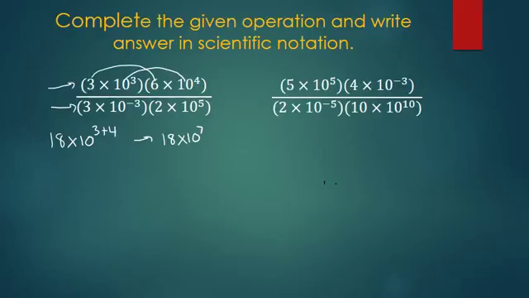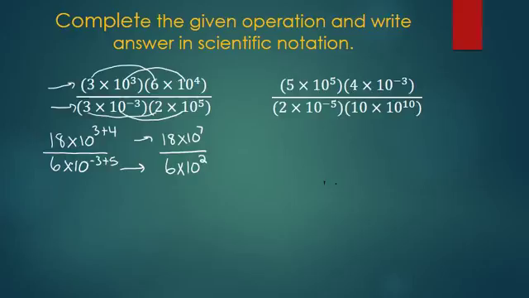Now I have to do that for the denominator as well. So I multiply the first numbers, 3 times 2, which is 6, times 10. Now I have to add my exponents using the product property. So 10 to the negative 3 plus 5, which then becomes 6 times 10 to the 2. Negative 3 plus 5 is 2.